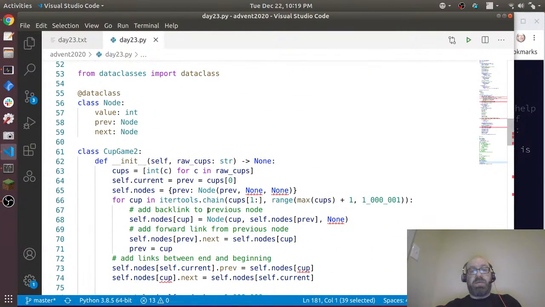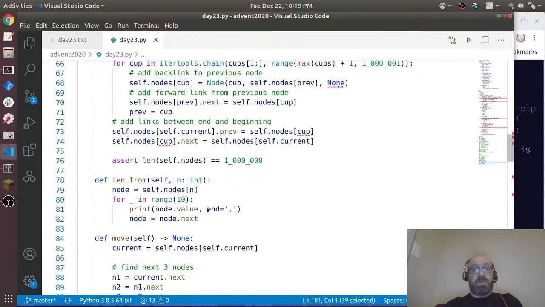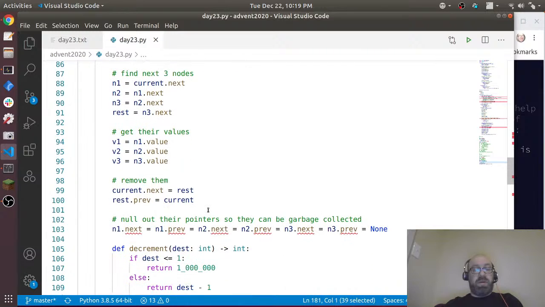With the second one, that wasn't going to work, so I had to do this. I probably didn't need to do double linked lists. I probably could have done single linked lists. That would have been fine, but I did double, and that caused me problems.